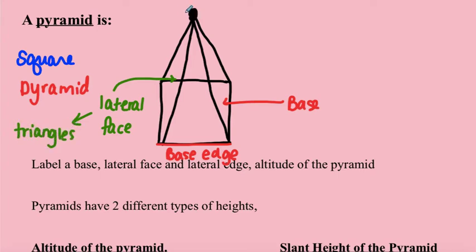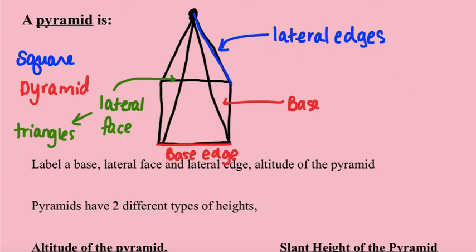All right, and then it also has lateral edges. So these pieces right here on the corners, those are called lateral edges. Okay, so do your best to label those parts.